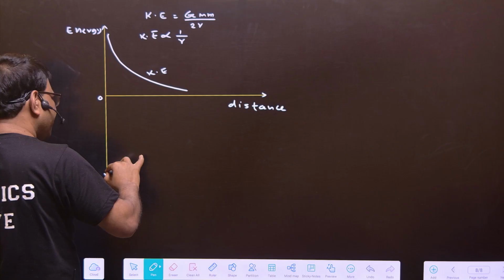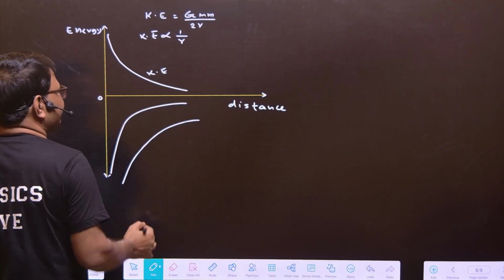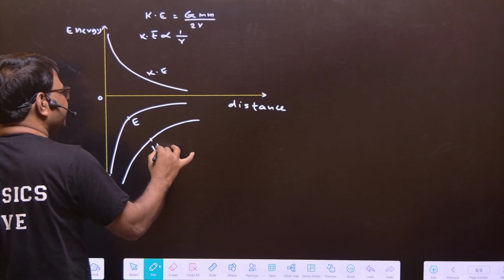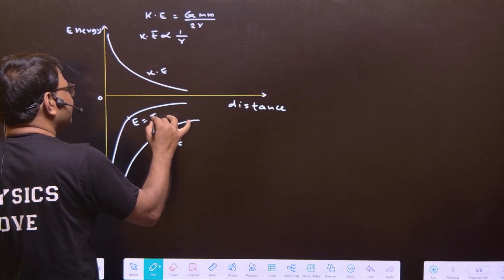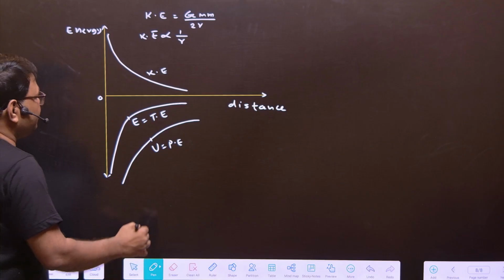Now the total energy graph is like this and the potential energy graph is like this. This is the total energy E, and this is the potential energy. This is the kinetic energy graph. Have you understood?